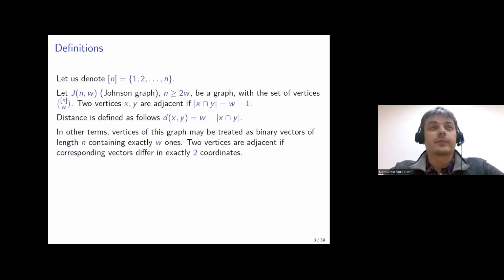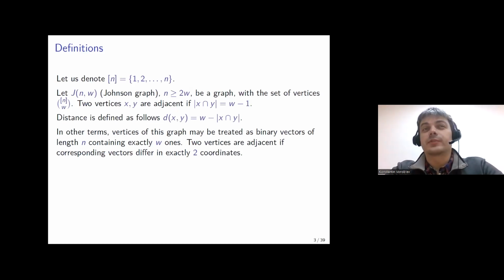Okay, so what is a Johnson graph? We have an n-element set. The Johnson graph J(n,w), where n is at least 2w, is a graph whose set of vertices is all w-subsets of the n-set.